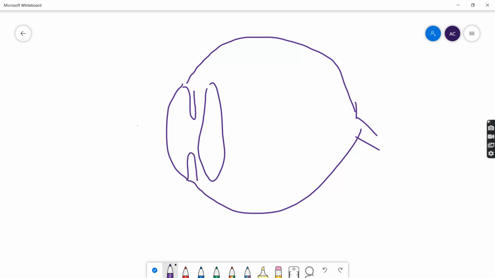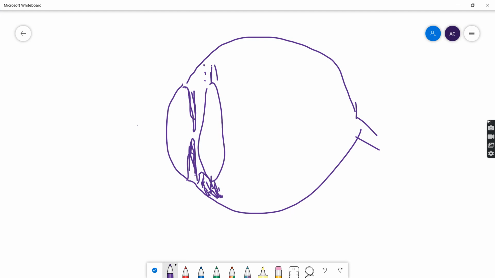Now one side effect is that the pupil is constricted. Now this pupil is constricted. This is a pinpoint pupil. So in the evening, it becomes very difficult for the patient to see.